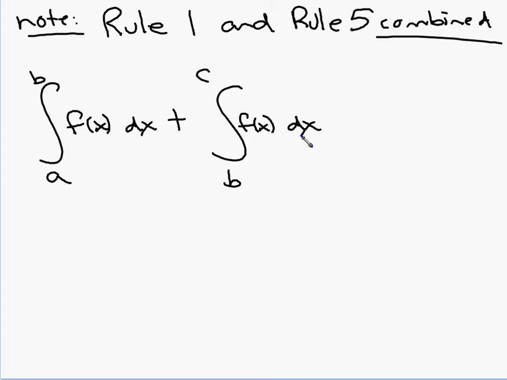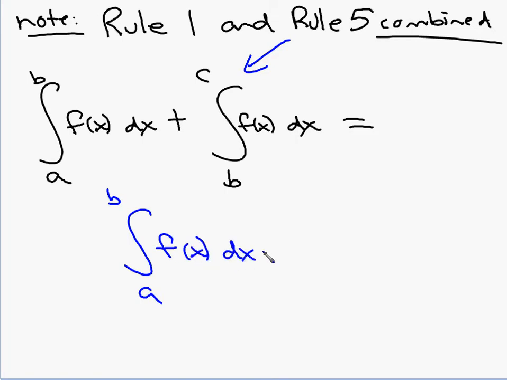Didn't Rule 1 say that I could switch the limits of integration if I put a negative in front of it? Well, guess what? If I switch the limits of integration on this integral right here, then I could write this as this integral, the integral from a to b. The first one stays the same, minus the integral from c to b.